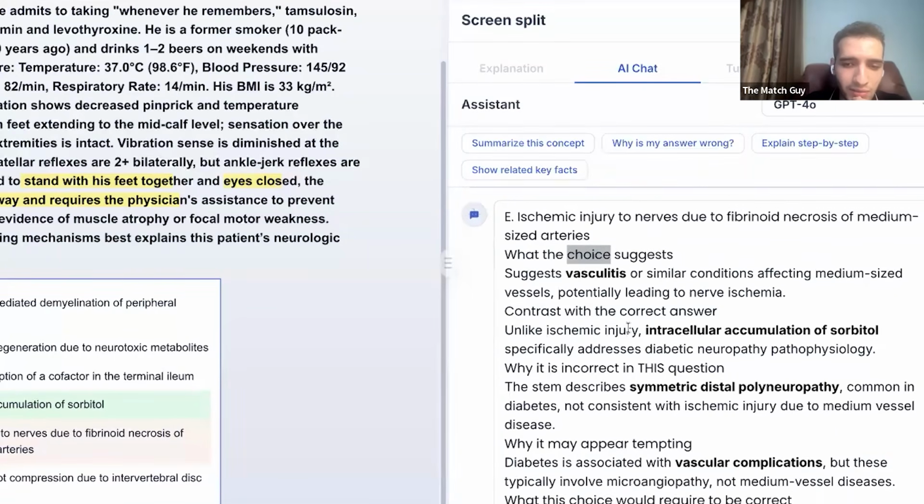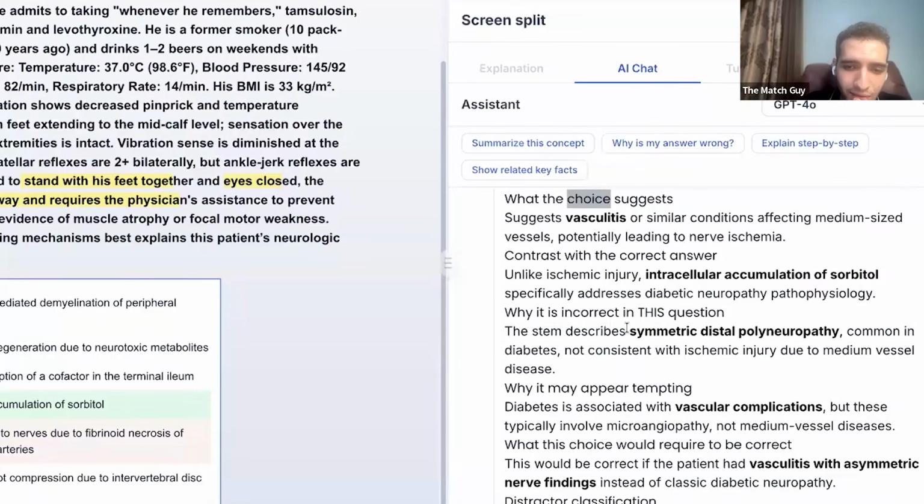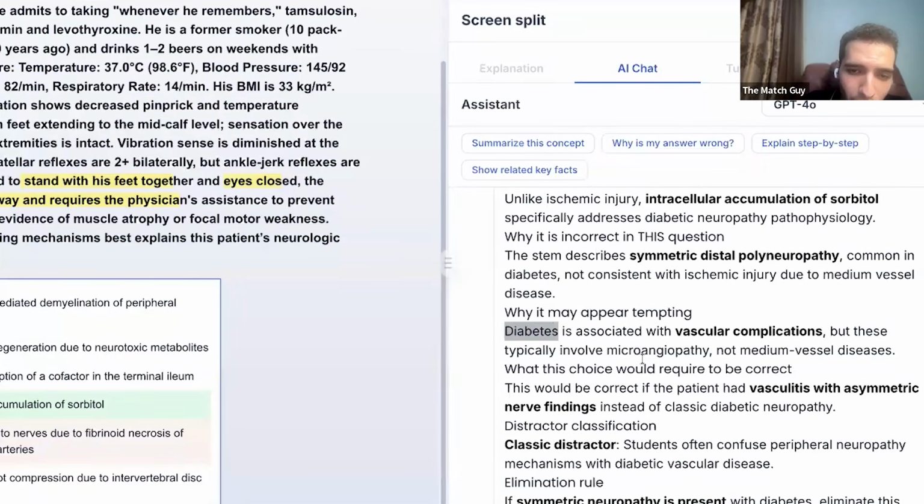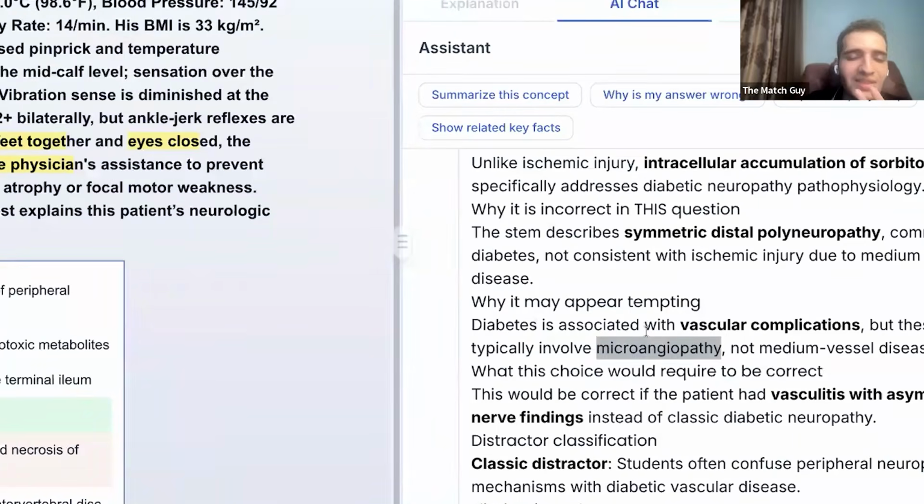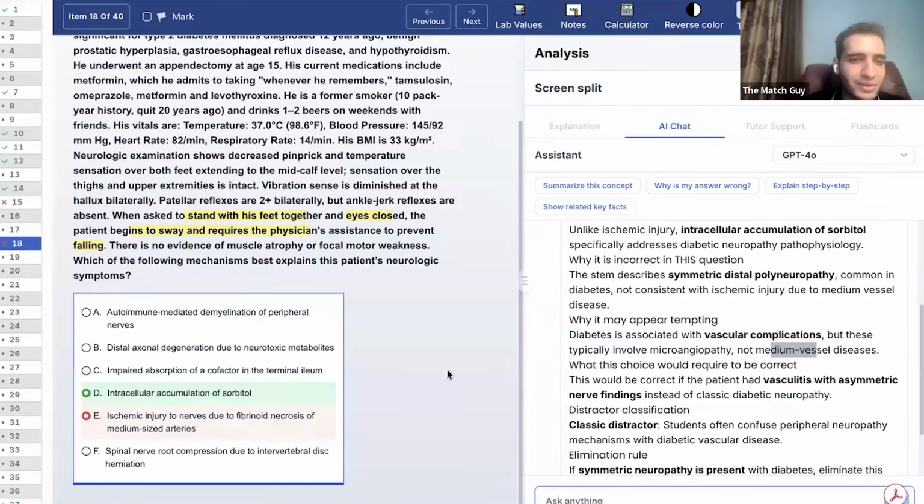Okay, that's the first thing. The second thing, diabetes causes microangiopathy, small blood vessels, not medium vessels. So now I know why my answer was wrong, and it's actually a hard question, guys. And that's how I learn from my mistakes, and that's how I answer these types of questions. Okay, so that's pretty good.